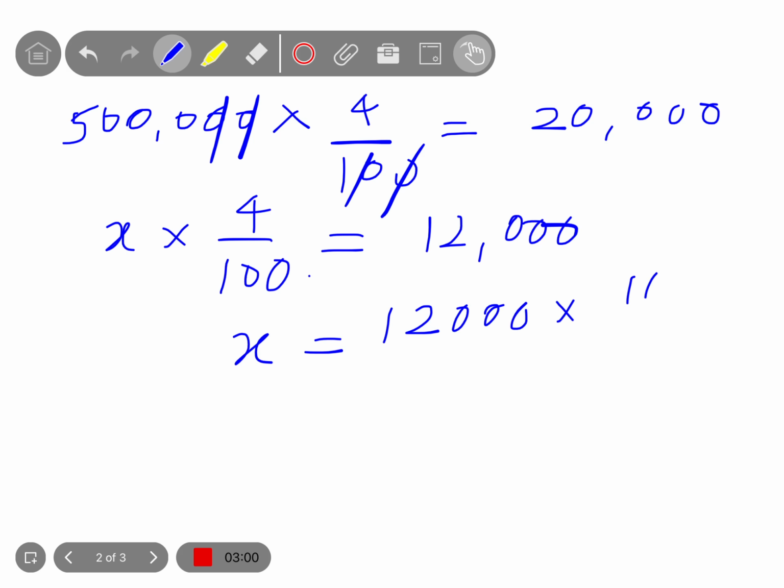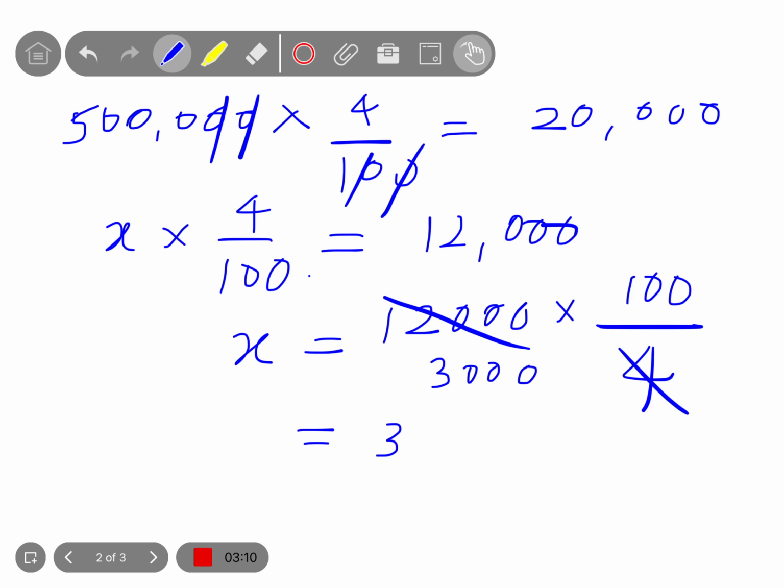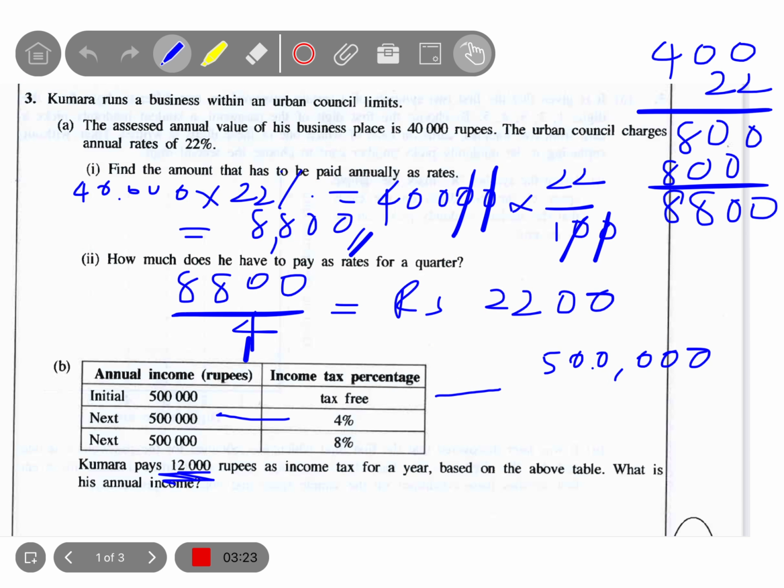Divide 12,000 by 4 is 3,000. 3,000 times 100 is 300,000. So for the second tier, he is actually earning 300,000. If we add that to this 500,000, his total earning for the year is 800,000.